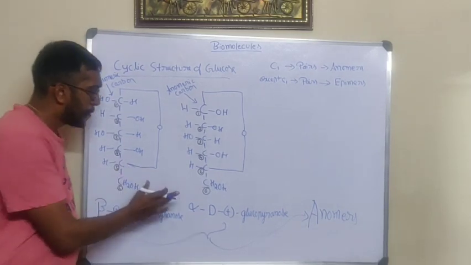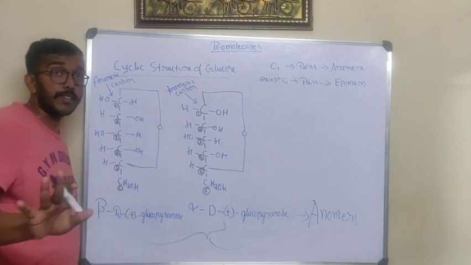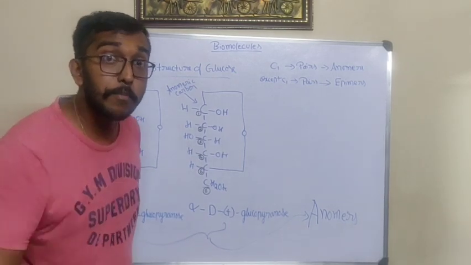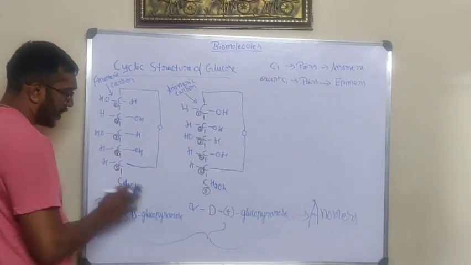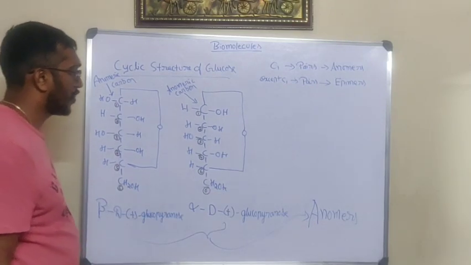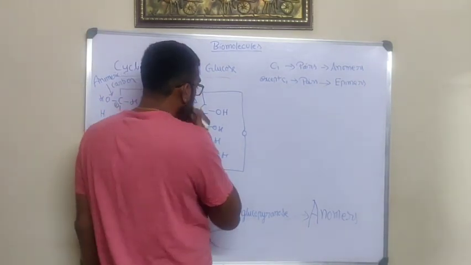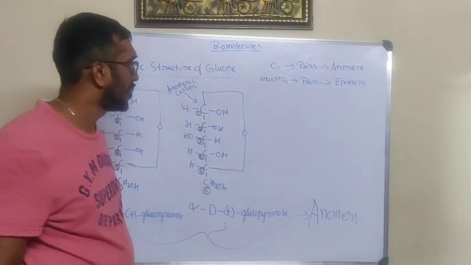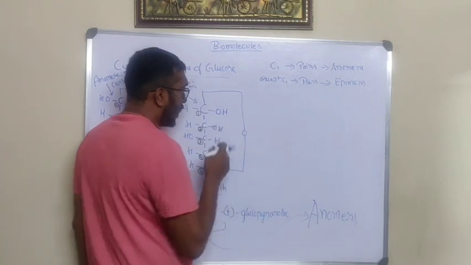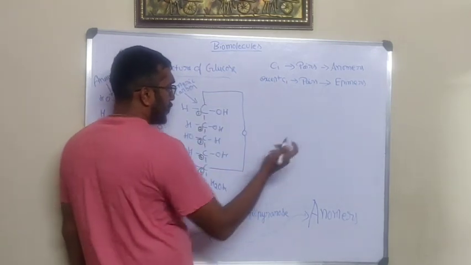These two are anomers. I am going to write the epimers now. Example: alpha D glucopyranose, beta D glucopyranose. I am going to write the example of galactose. So how to write galactose? The same structure I am going to write here.